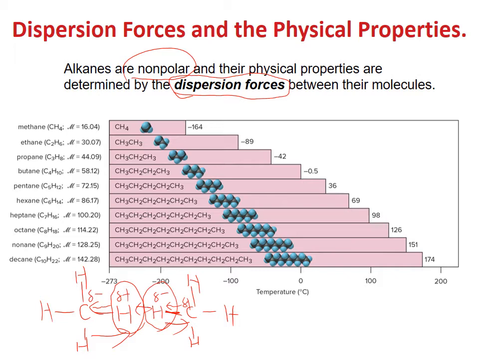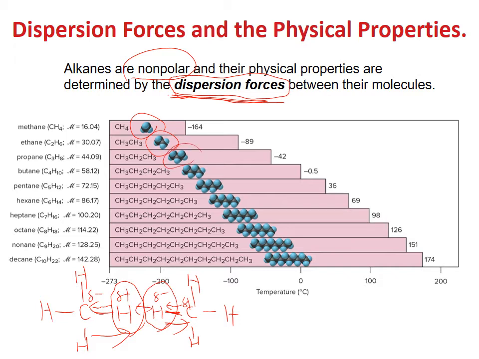One important property of the dispersion force is that the larger or heavier the molecule, the larger the dispersion force. Methane has a small dispersion force. Ethane has a larger dispersion force.